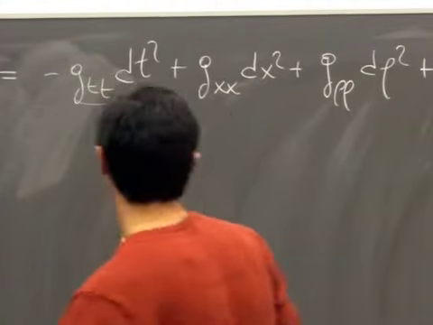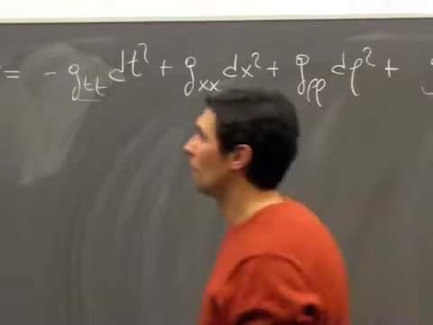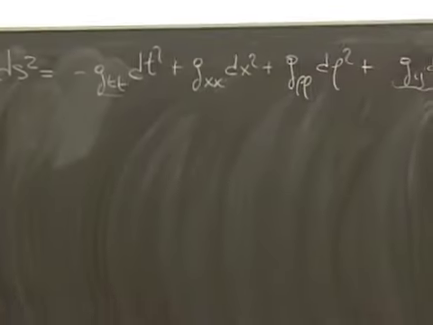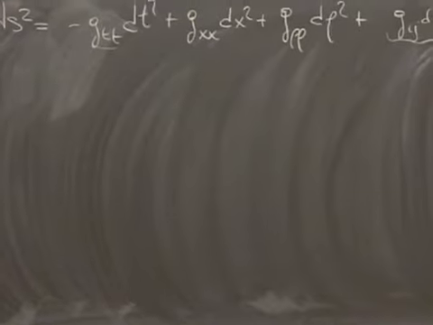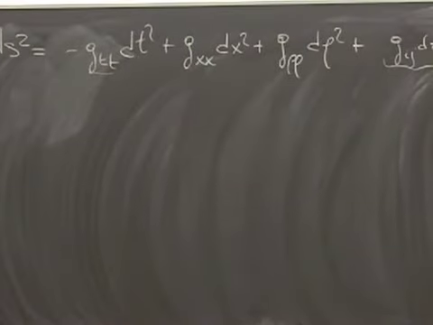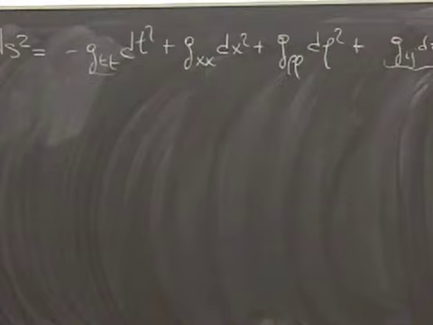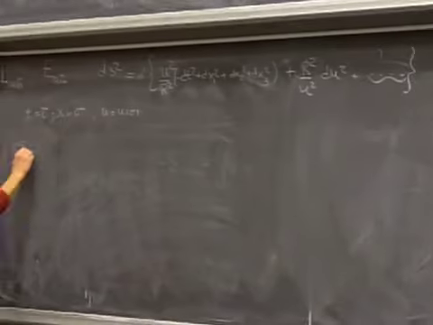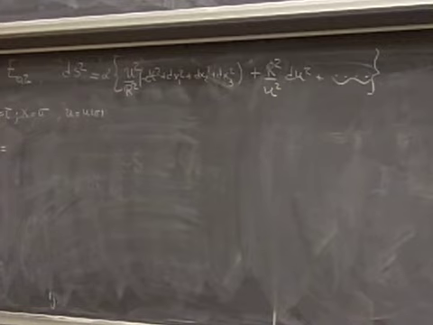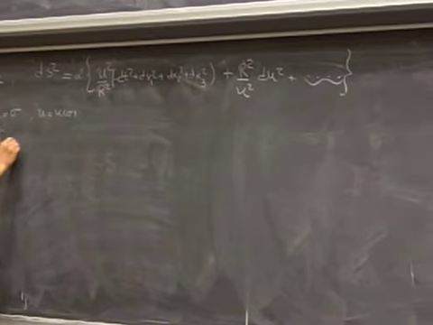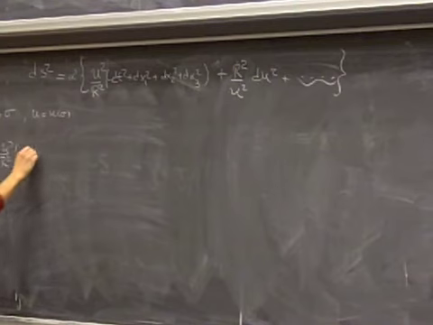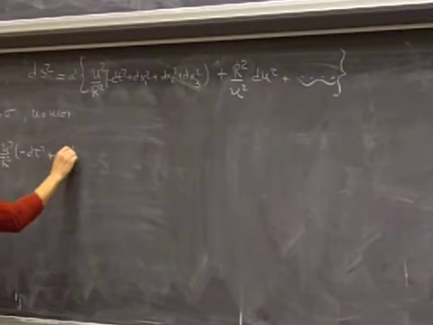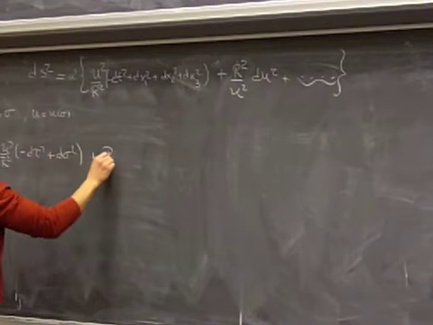Let me see. Okay, so given the same ansatz, let's compute the induced metric. So once again, this is the ansatz. The induced metric on the worldsheet of this string is going to be the following. I hope this is clear to all of you what's going on there.